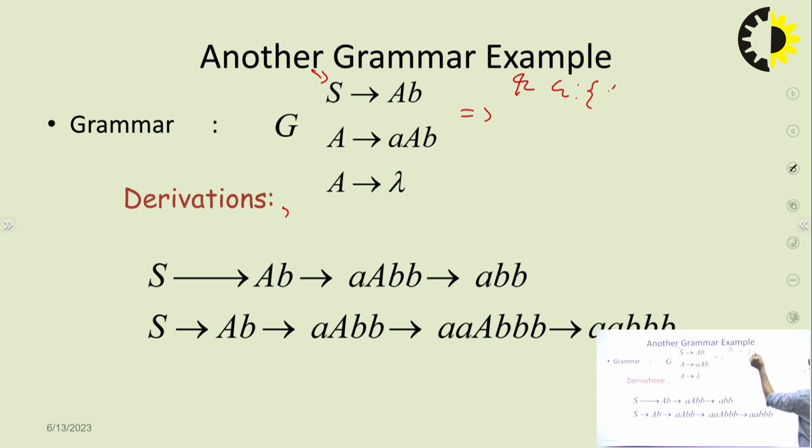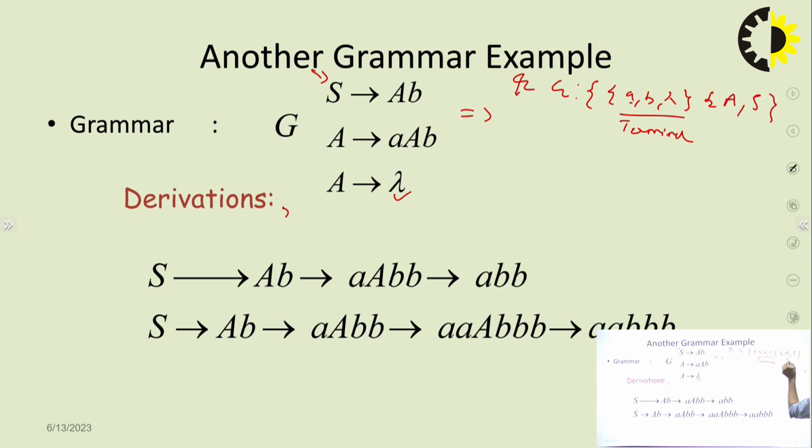Variables are given here: A and B, and lambda is a terminal.